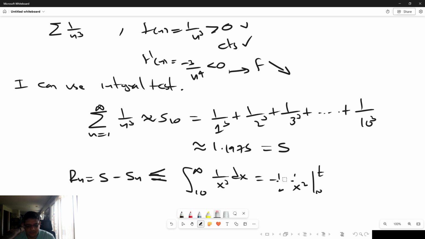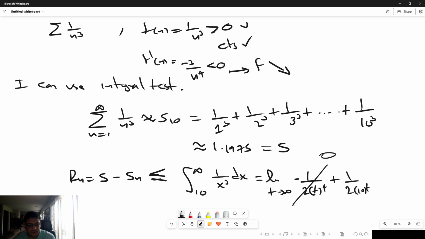Let me write the whole thing. The limit as t goes to infinity of minus 1 over 2t squared, plus the same thing but now plugging in 10, so 1 over 2 times 10 squared.